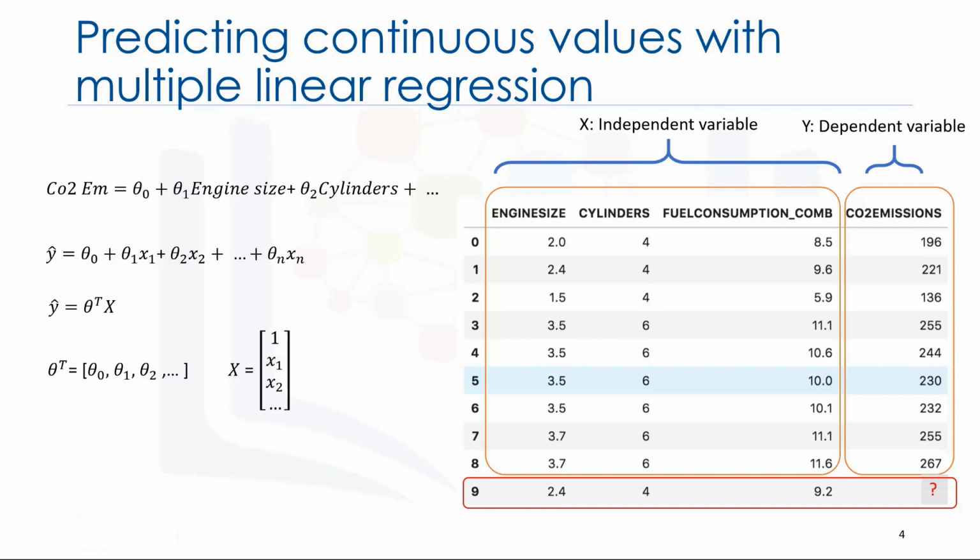Please notice that theta transposed x in a one-dimensional space is the equation of a line. It is what we use in simple linear regression. In higher dimensions, when we have more than one input, or x, the line is called a plane or a hyperplane, and this is what we use for multiple linear regression.